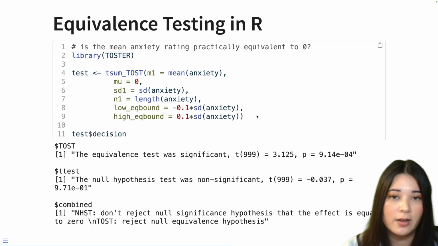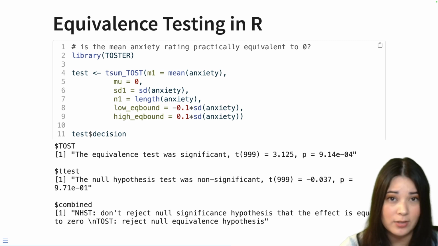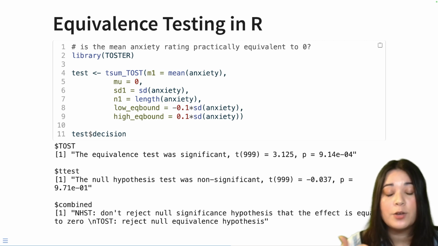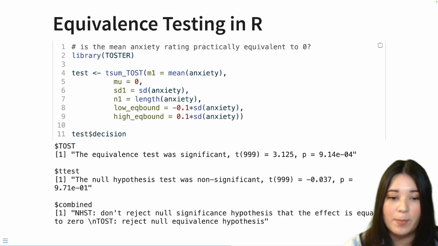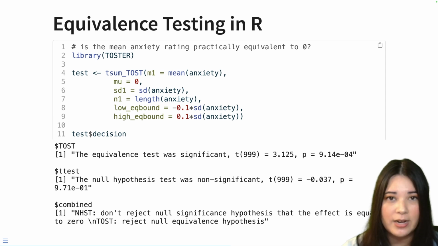This will then run my two one-sided t-test procedure and tell me whether the null hypothesis significance test and the equivalence test are significant. Here, the equivalence test was significant and the null hypothesis significance test was non-significant, so I have pretty strong evidence that the mean anxiety rating here is practically equivalent to 0.